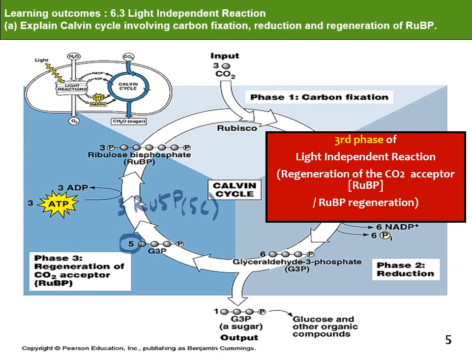The 3 molecules of Ru5P are then phosphorylated to regenerate RuBP, ribulose bisphosphate. So it requires 3 ATP that form in the light dependent reaction.